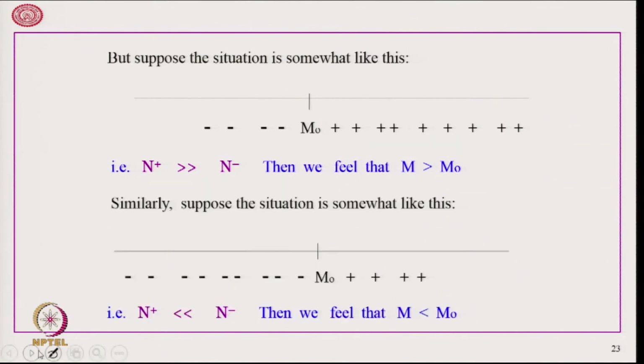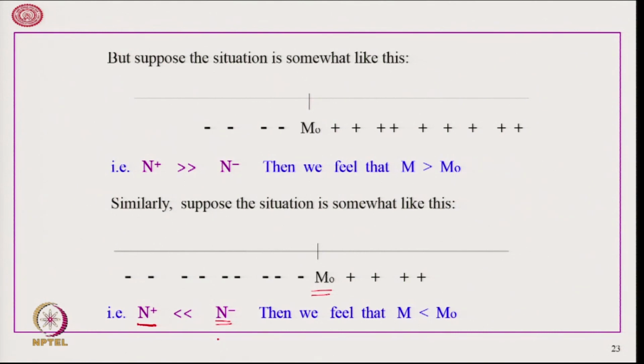In a similar way, suppose the situation is somewhat like this, this is the hypothesized m naught, and we can see that the number of plus signs is much less than the number of minus signs.